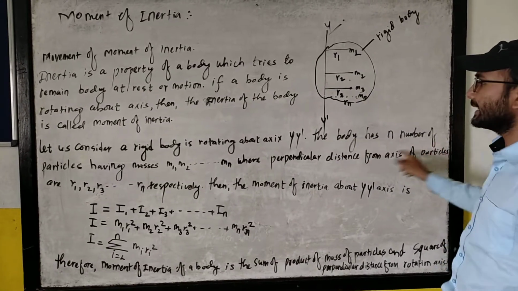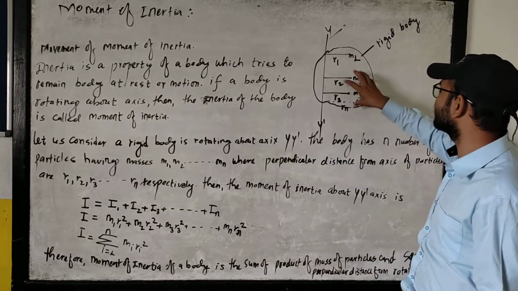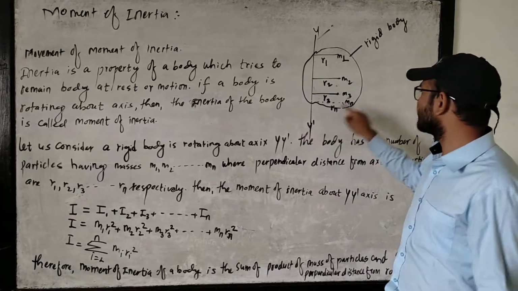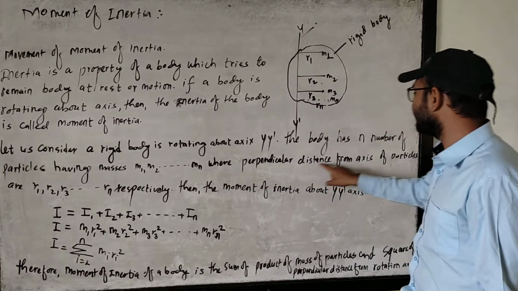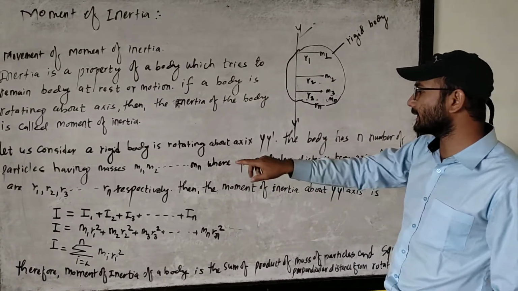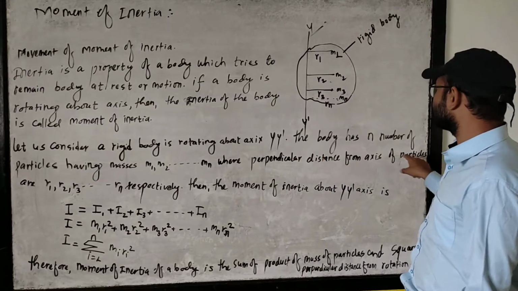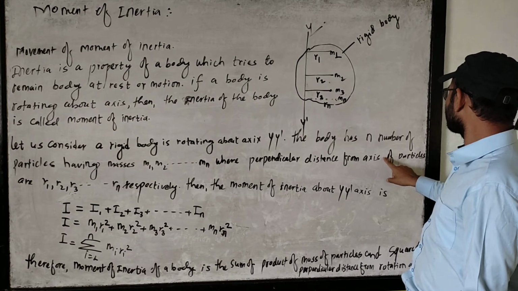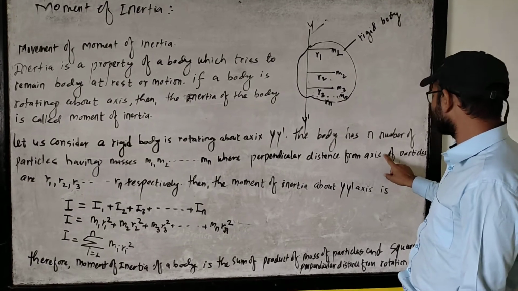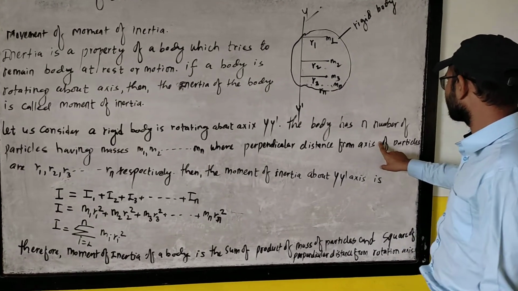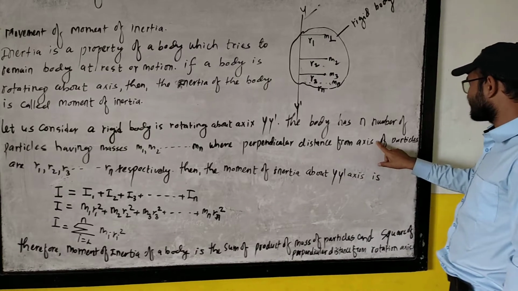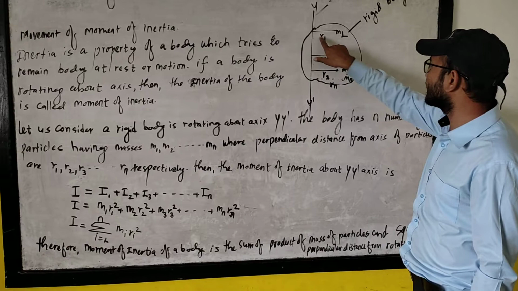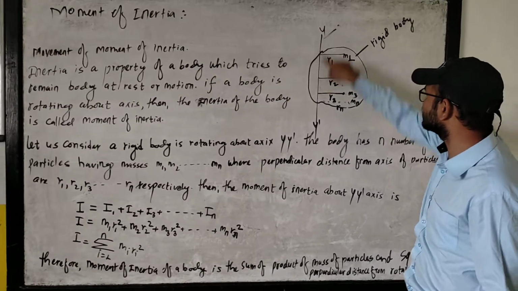Here the body has n number of particles, having the masses m1, m2, m3, mn, where the perpendicular distance from the axis of rotation of the particles matters. I forgot to write here axis of rotation. This m1 particle is at r1 perpendicular distance from the axis of rotation.